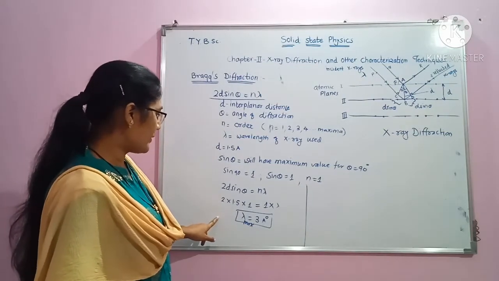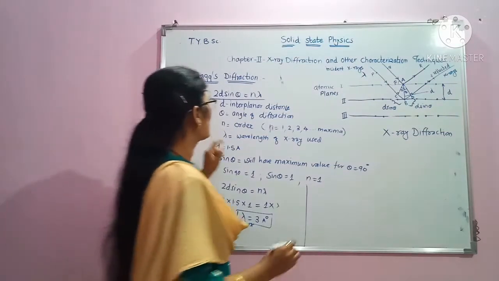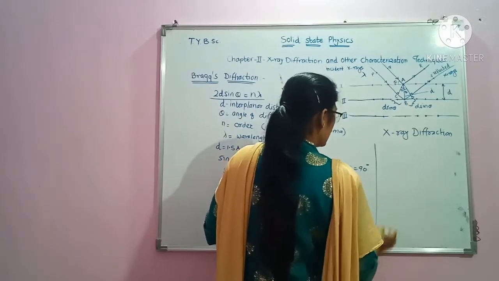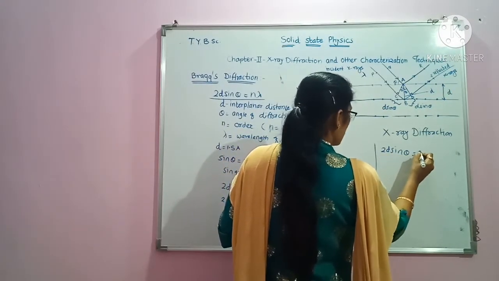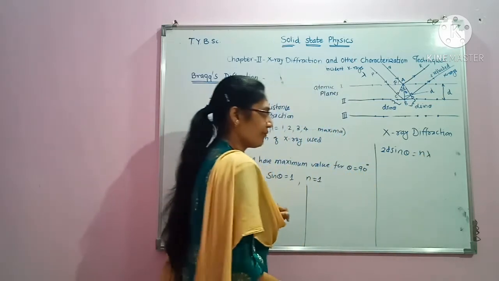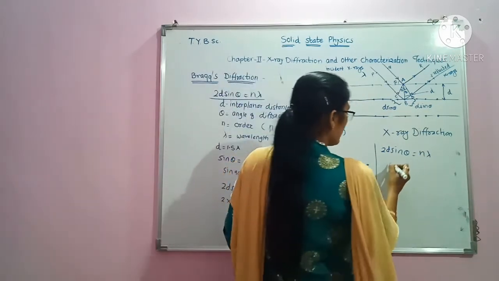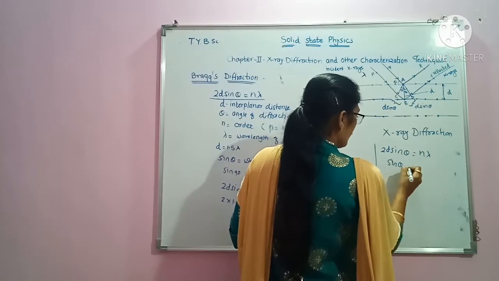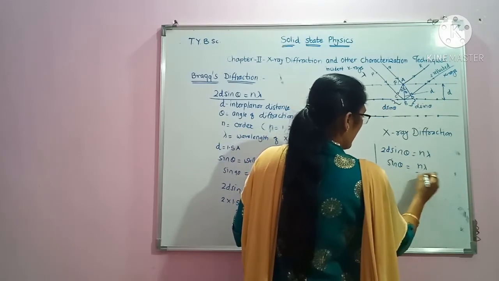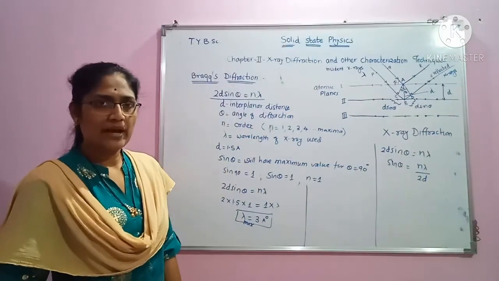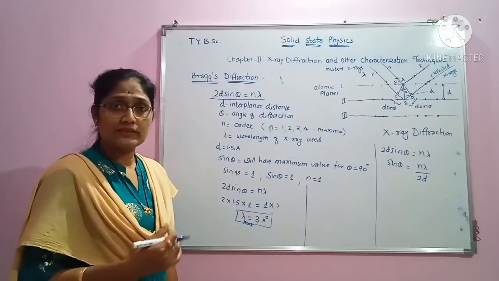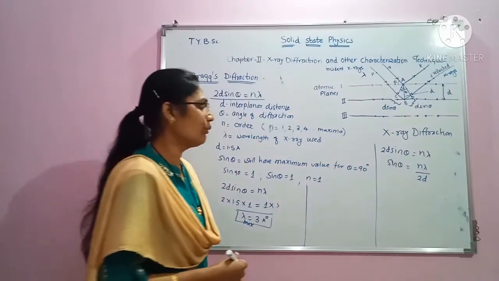In this example, 2d sin theta is equal to n lambda, and here sin theta will become n lambda upon 2d. Sin theta will have its maximum value when theta is equal to 90, that we know.